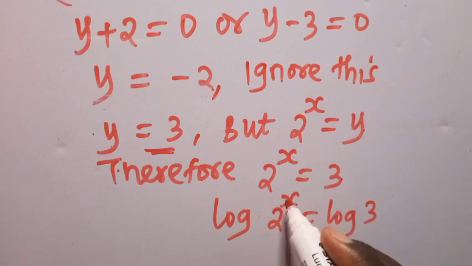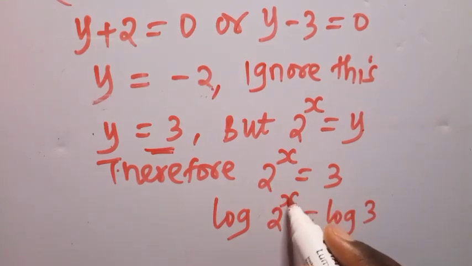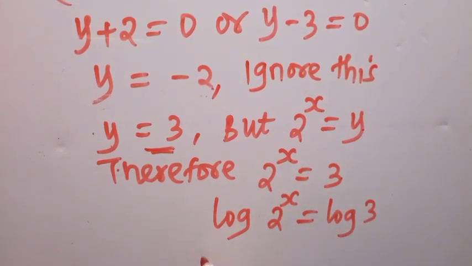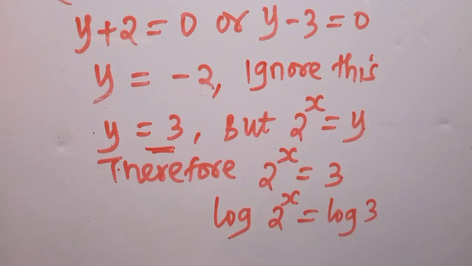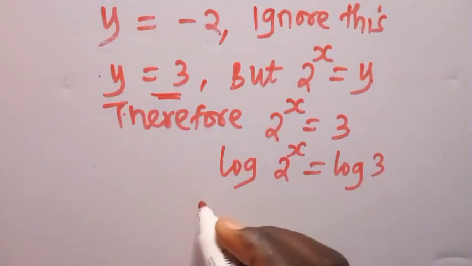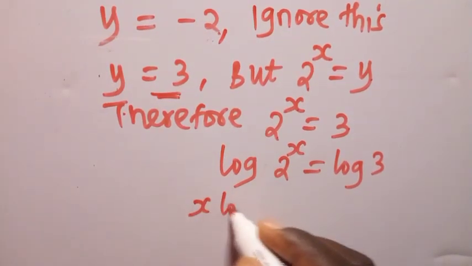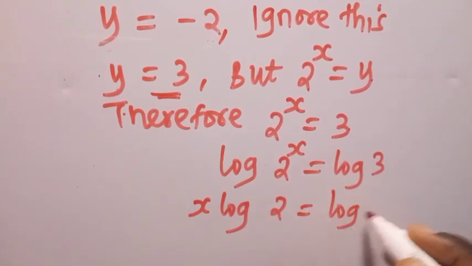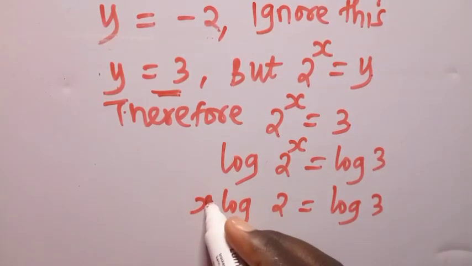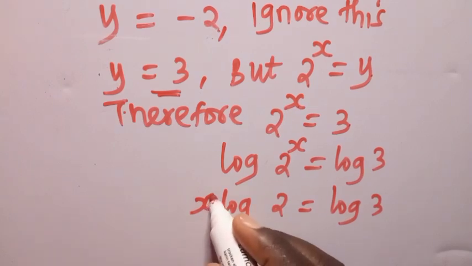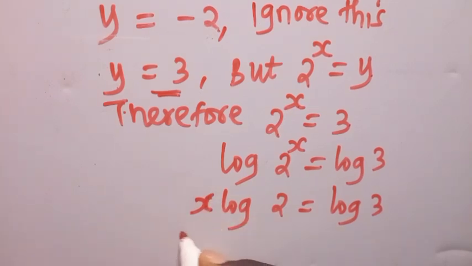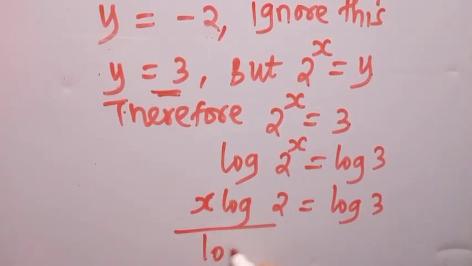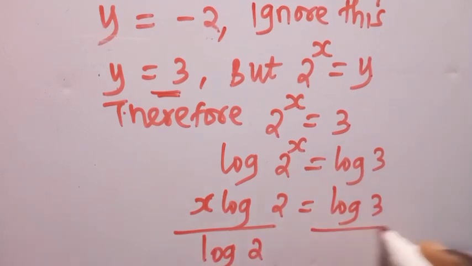Now, from the laws of logarithms, we can remove this power and put it in front of the logarithm sign, and therefore we shall have x log 2 equals the logarithm of 3. Since I need x only on this side, then I have to divide by the logarithm of 2 on both sides.